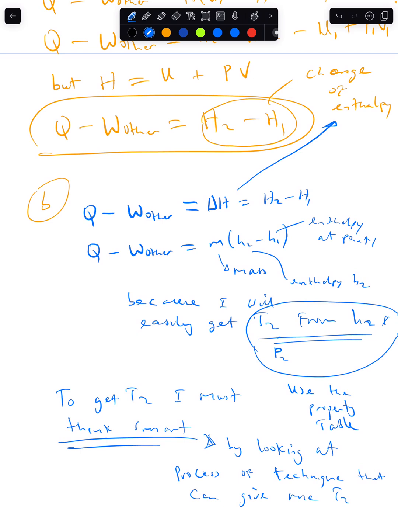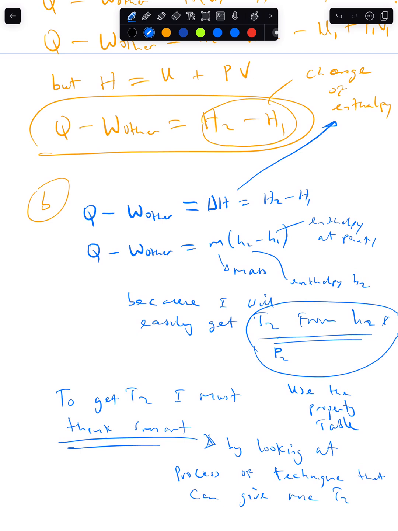Now, see what I'm going to do next. I can now try to get my H1. Because when I get H1, I can get H2. And when I get H2, I can get T2. That's what I'm trying to explain here.